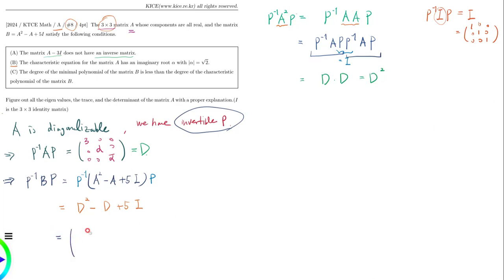And then by computation, you have 9 minus 3 plus 5, alpha squared minus alpha plus 5, alpha bar squared minus alpha bar plus 5. This is our diagonalized form of this matrix B here.